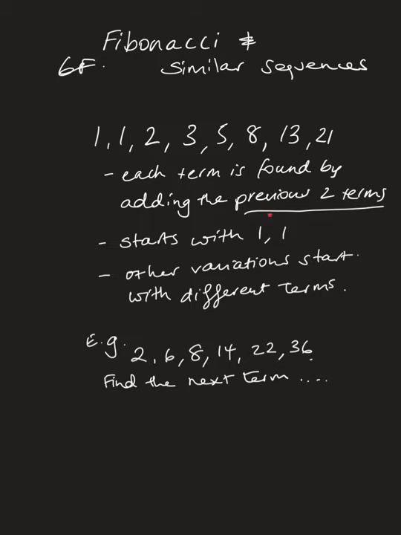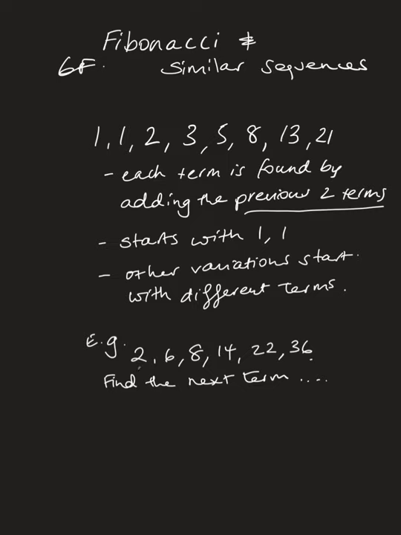Traditional Fibonacci starts with 1, 1. However, other variations start with different terms. So, for example, if we have 2, 6, 8, 14, 22, 36, find the next term. Obviously, if you're doing this in a test, you would want to make sure that it is following a Fibonacci kind of pattern.